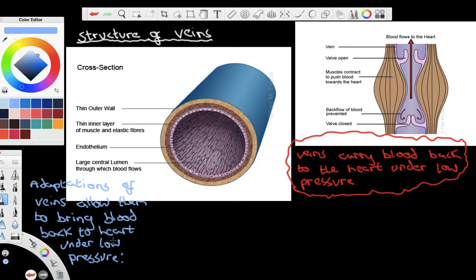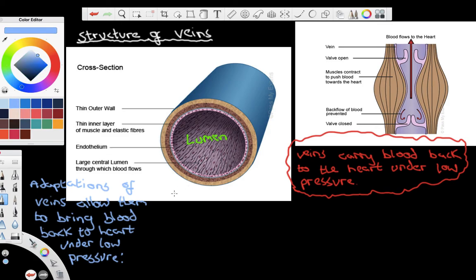So some of the adaptations of veins is that, first of all, remember the lumen, we did define it on the previous slide, is the hole in the middle of a blood vessel. The lumen for this one is found here. Veins have a large lumen to reduce friction on blood. So the blood will flow more smoothly through a vein with less friction.